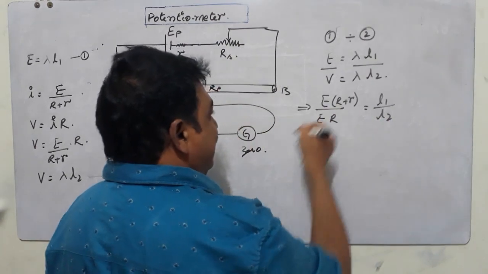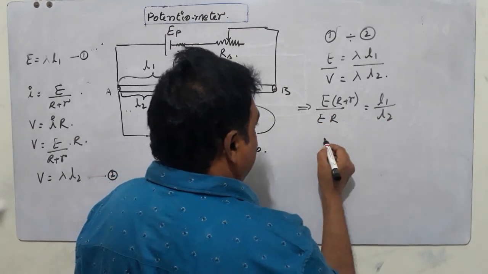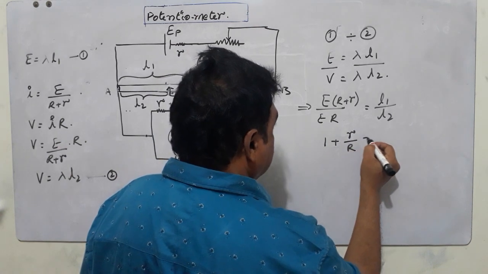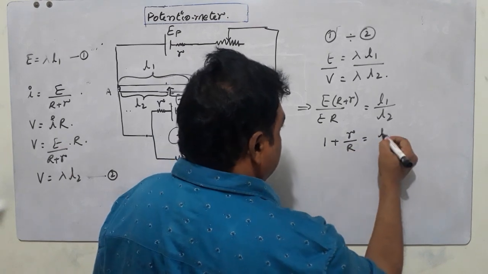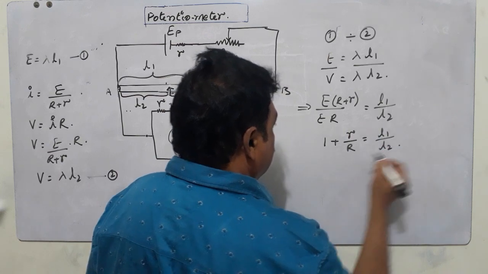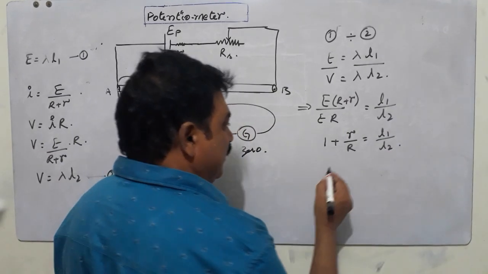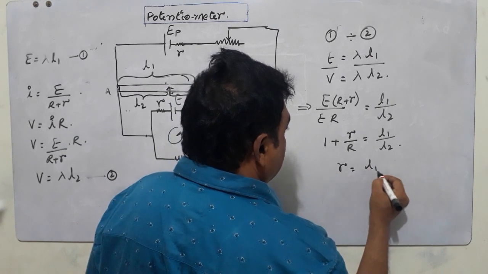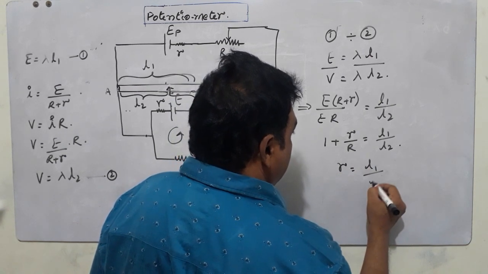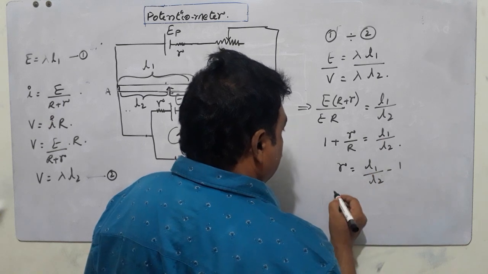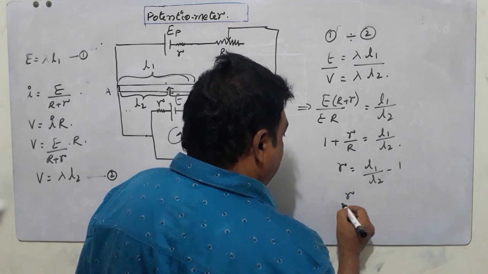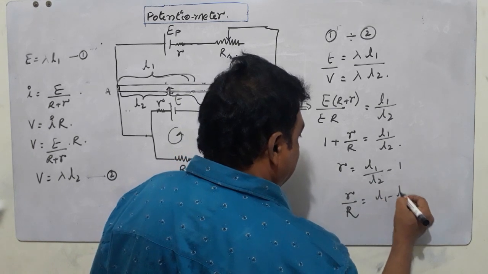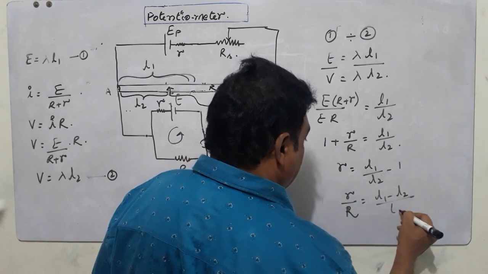Here E and E are cancelled out, then you get 1 plus r by R is equal to L1 by L2. You bring that 1 to that side, so that r by R is equal to L1 by L2 minus 1, and r by R is equal to L1 minus L2 by L2.